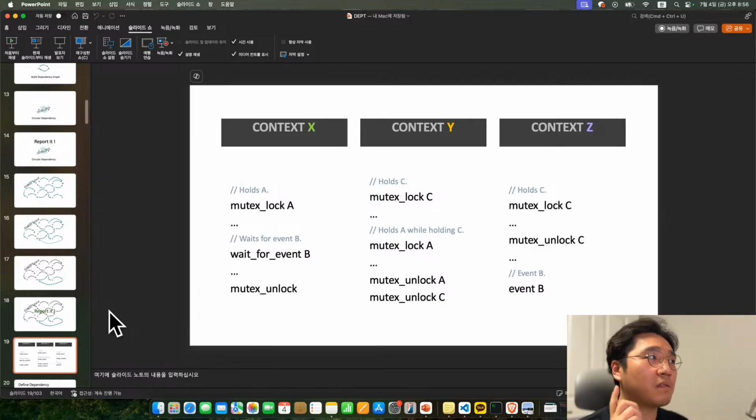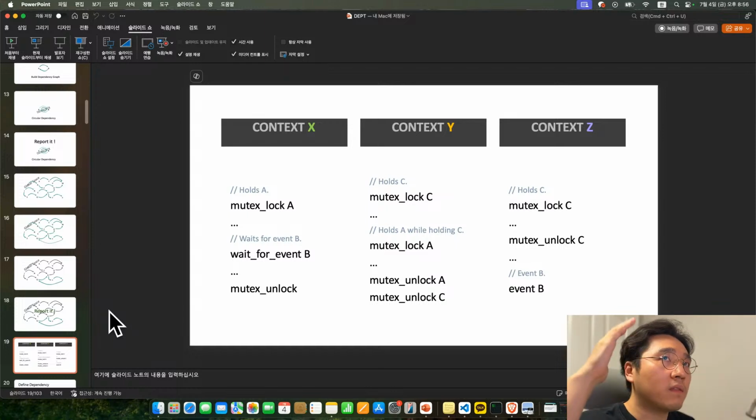This is a complex context, a three-context case, and everyone needs to remember the difference between spin lock and mutex.